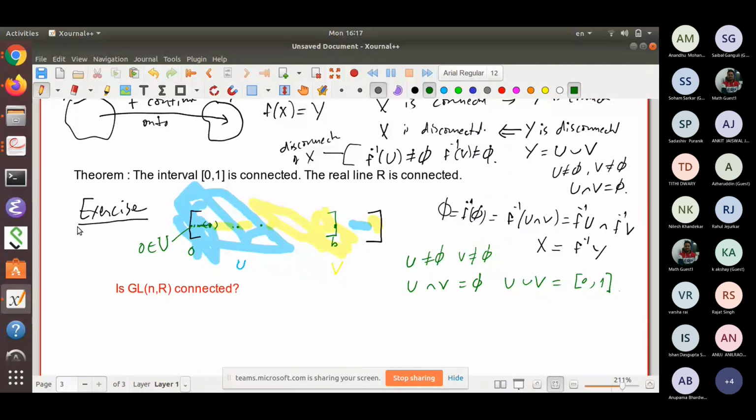Very good. In that case, you can try writing this and submitting. This is a very elementary basic exercise. This is also a favorite question in BSc or MSc examinations. So make sure you know this proof very well.